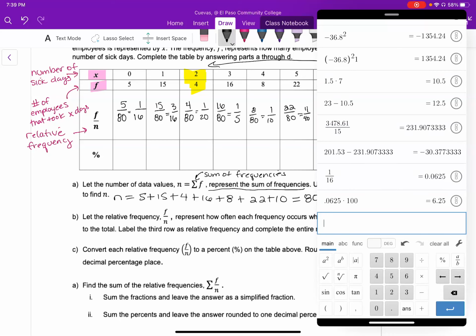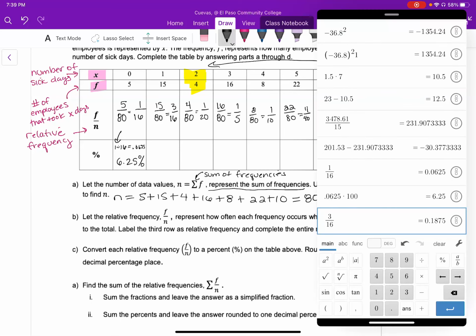So we're going to divide. And this gives us 0.0625, and this will be 6.25%. Don't forget to use a percentage symbol, very important. Let's do 3 divided by 16.